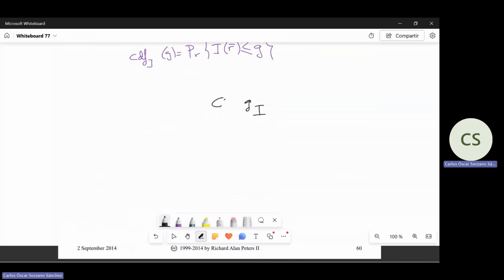So I compute the CDF of I. Let's put numbers to this so you're not lost. This is 5. This in my example was 0.65. And now I look for the J value such that it is this one. That one is CDF minus 1 of J. And this is 10.